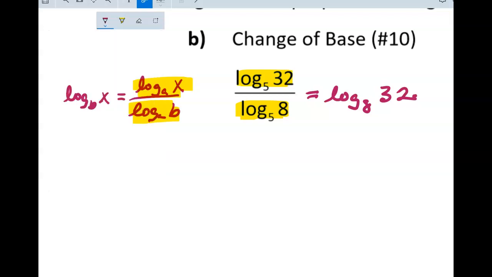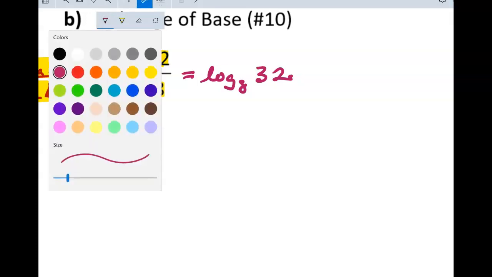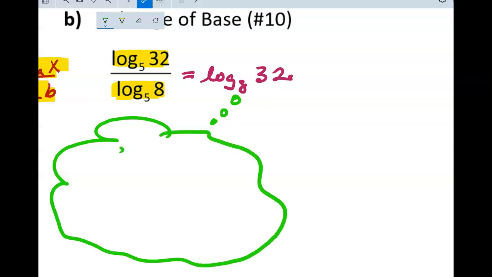All right, well now when we write the log base 8 of 32, our thought has to be that we are looking for that exponent that I can put on an 8 in order to get a result of 32. Well, this can be solved by expressing these as common bases. So 8 is 2 cubed raised to the x equals, and 32 is 2 to the 5th.